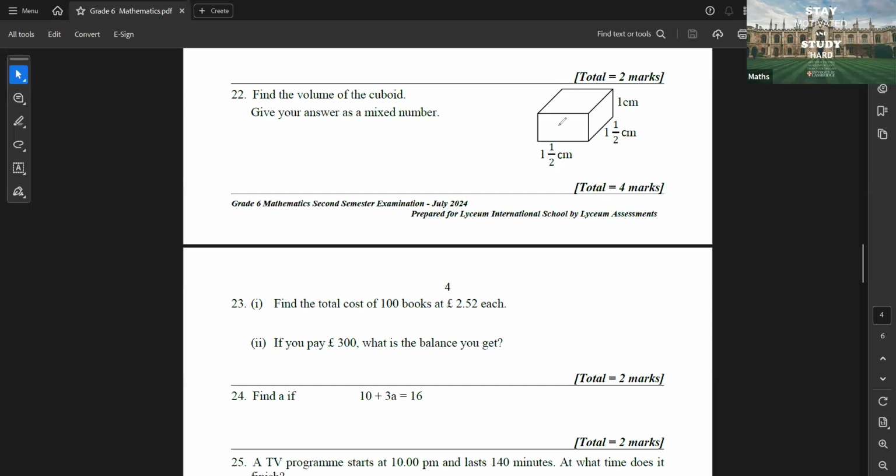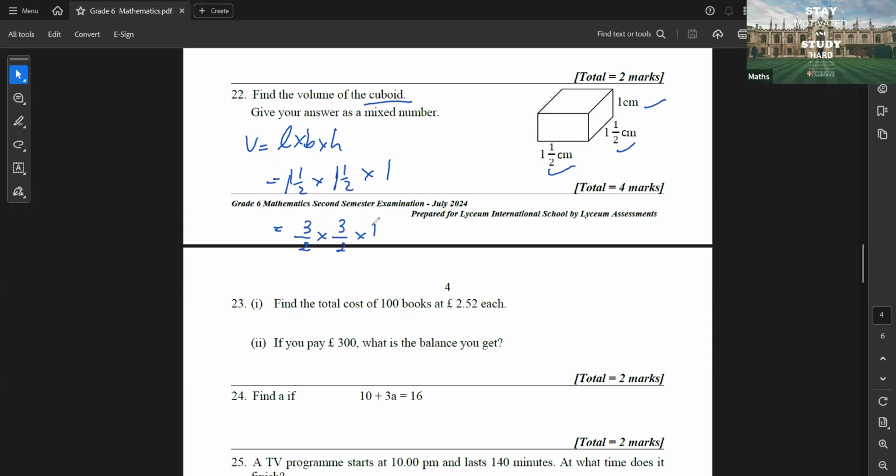Find the volume of the cuboid. Right. So how to find the volume we learn in our class? Length into breadth into height, for a cuboid. So here 1.5 into 1.5 into 1. You can't multiply with a mixed number, so you change it to an improper fraction, 3/2. This one also improper, 3/2 into 1.